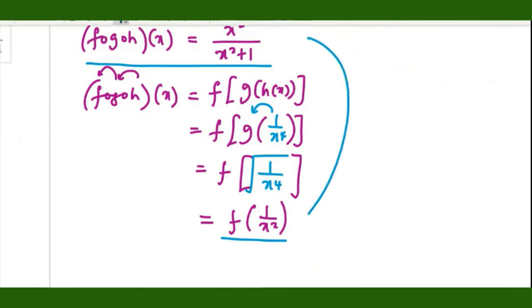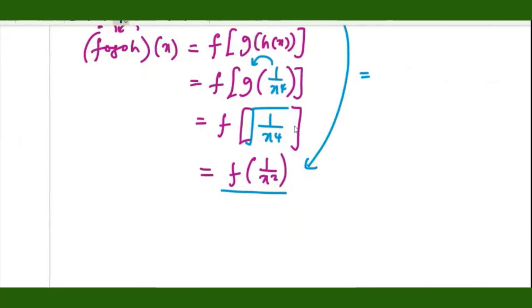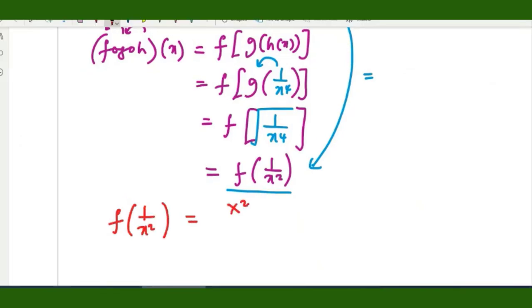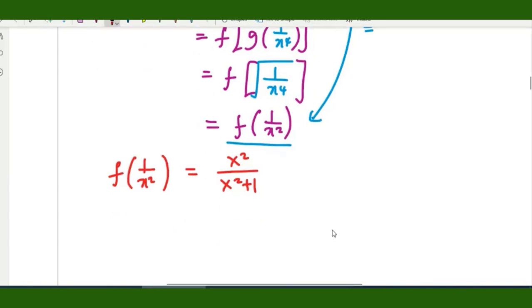Therefore f of 1 over x squared equals x squared over x squared plus 1. One way to solve this is to let u equal 1 over x squared.